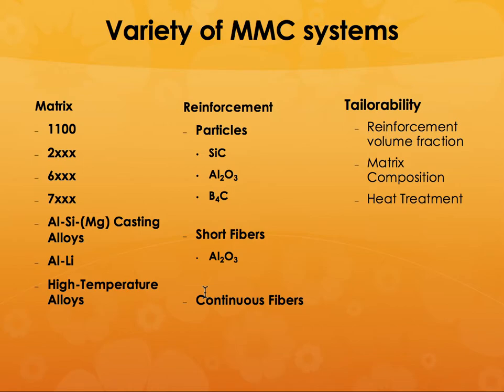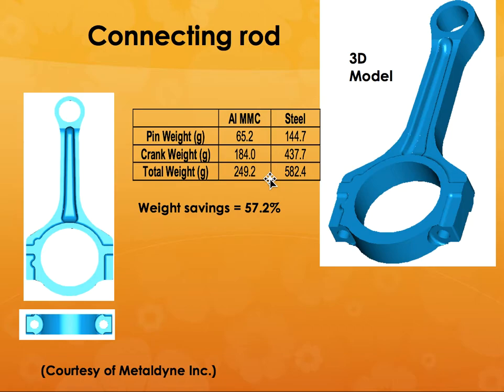So these are all the variety of MMC systems, and you have the matrix in the case of aluminum. You have different kinds of reinforcements, and the advantages are given there. You can also have some of these materials used for connecting rods and things like that.